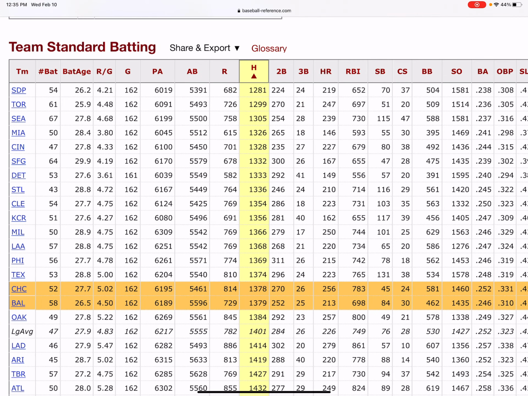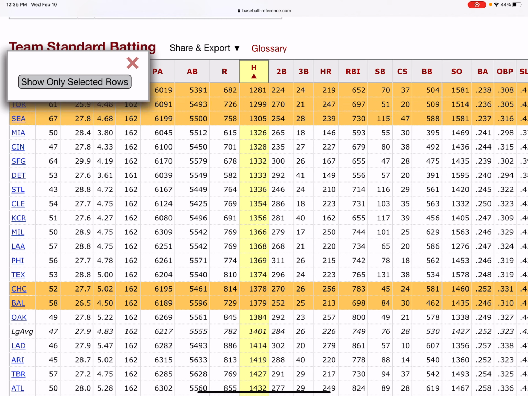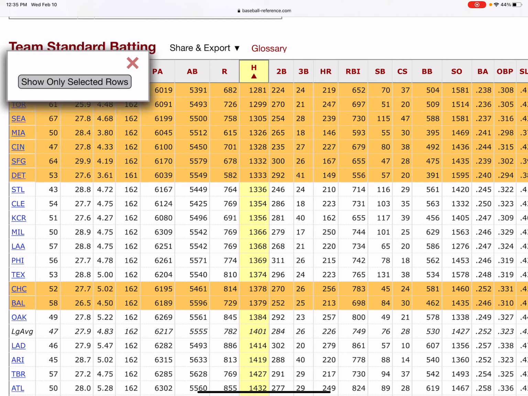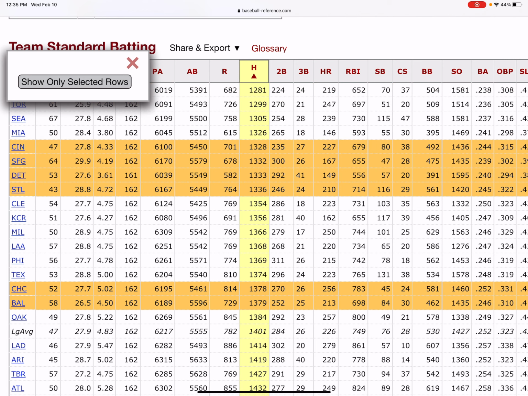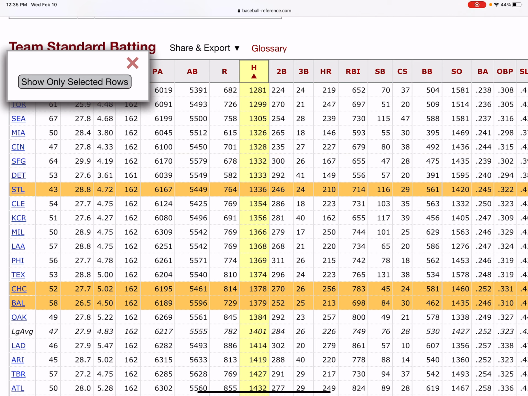We're going to find the median of that set of data. And that should be the 8th value, right? Because there should be 15 data points, including SDP and CHC. So if we go 1, 2, 3, 4, 5, 6, 7, 8. There we are, 1336, right? That is the first quartile, Q1.